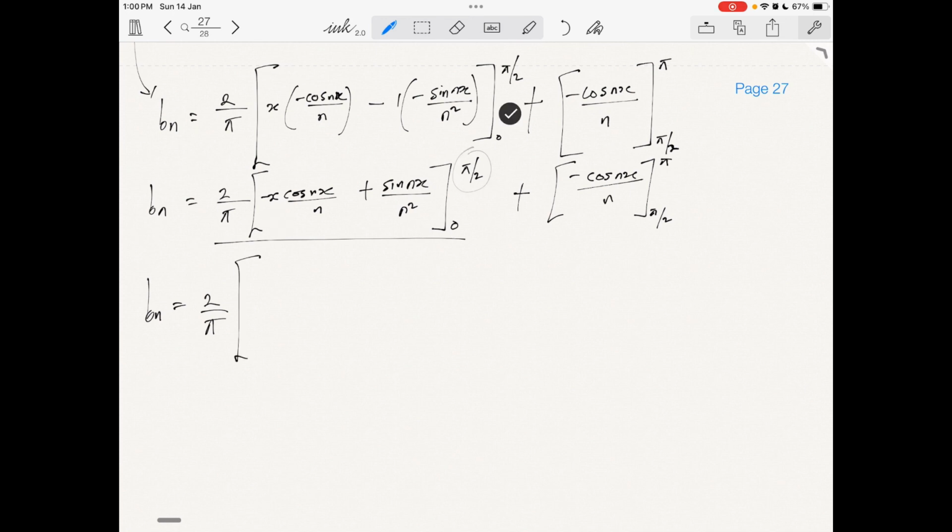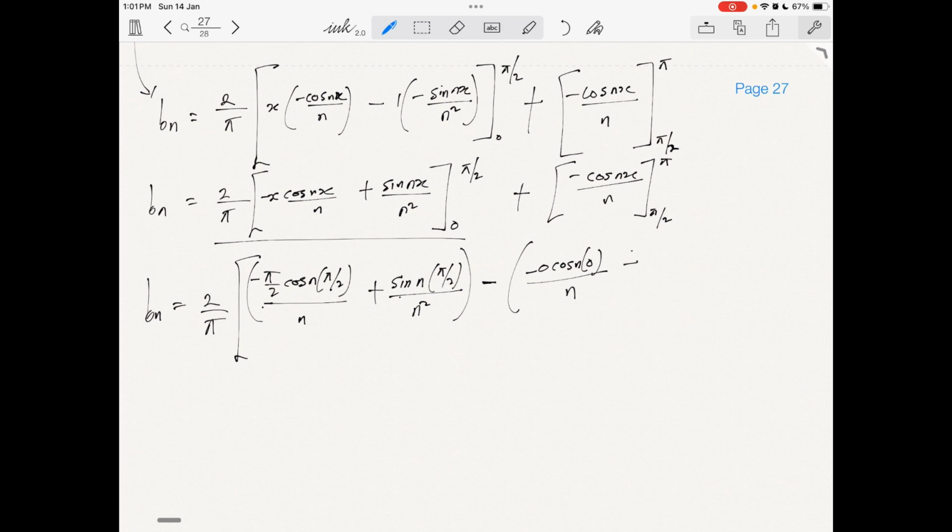The upper limit here is pi over 2. That's minus pi over 2 cos n pi over 2 divided by n plus sine n pi over 2 divided by n squared, minus the lower limit, which is 0, minus 0 cos n times 0 over n plus sine n of 0 over n squared.